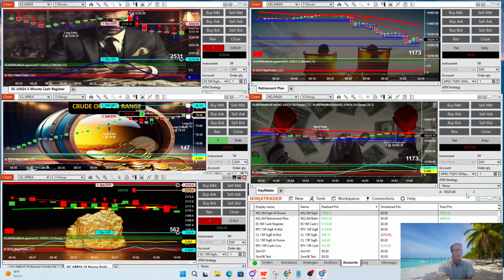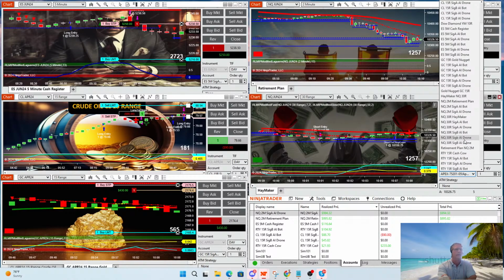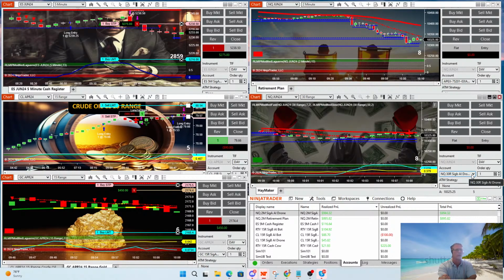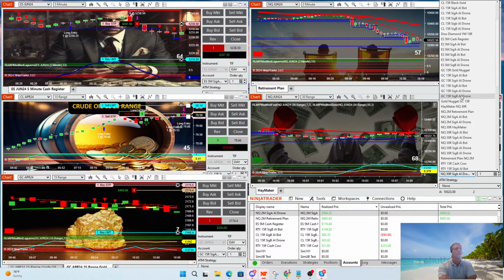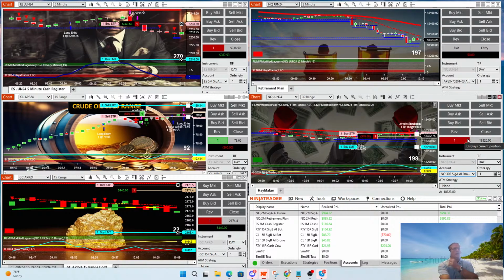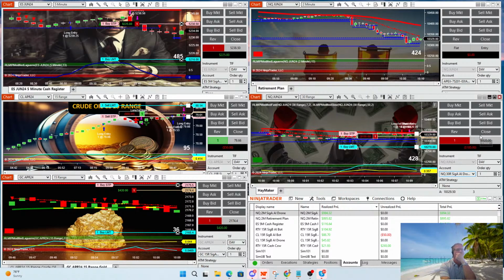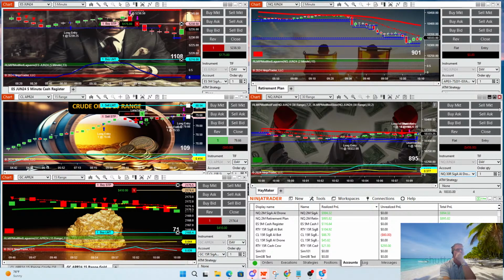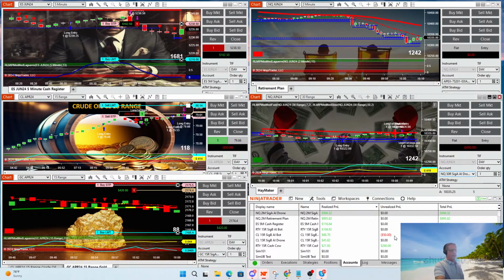Let's go back to the signal A. Let's see. NQ 30 range, signal A. The 30 range NASDAQ's not having a good day today.